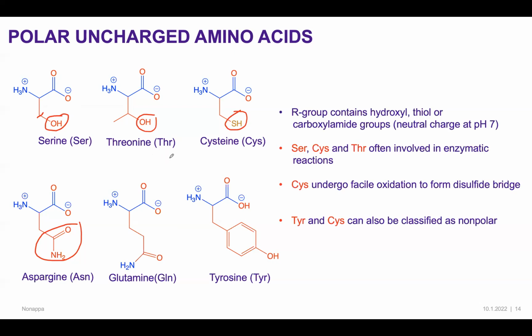Serine, threonine, and cysteine are very important amino acids as they undergo a variety of enzymatic reactions. Cysteine actually forms a disulfide bridge, which is very important in controlling the stability of proteins and protein folding. As I mentioned in the previous slide, tyrosine and cysteine can also be classified as nonpolar amino acids.